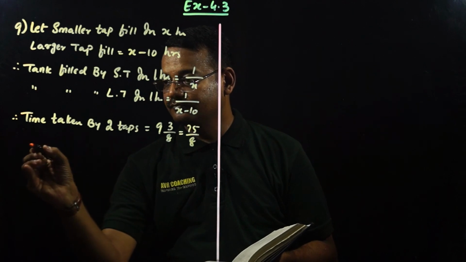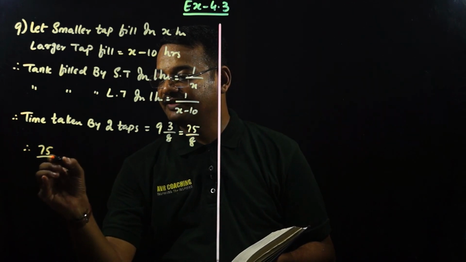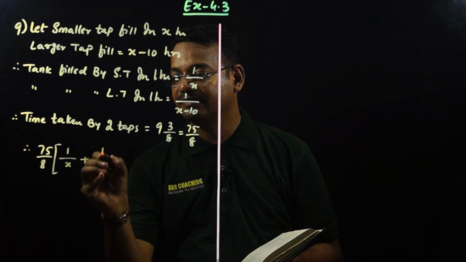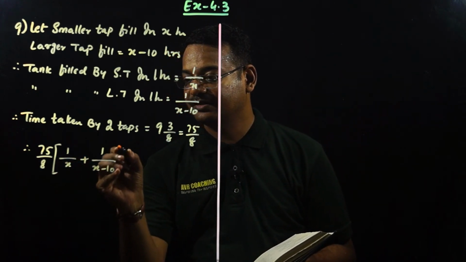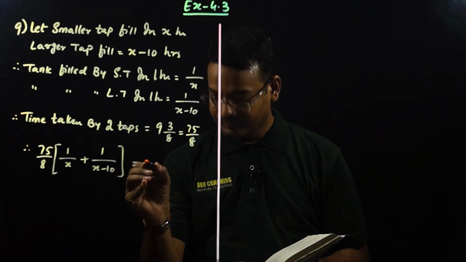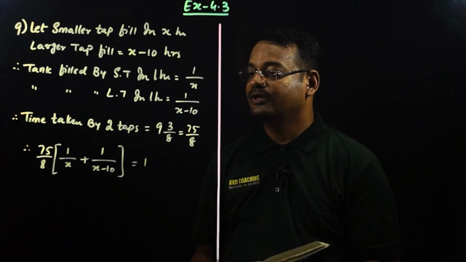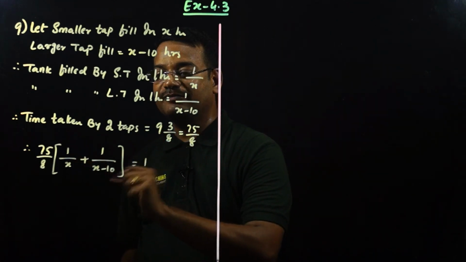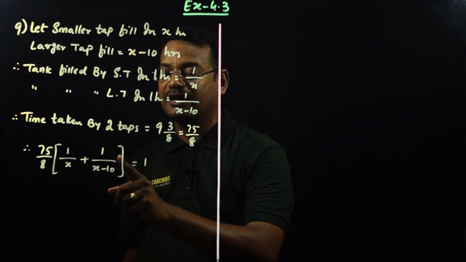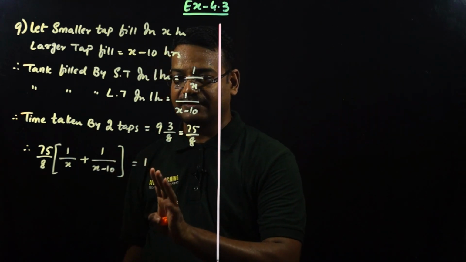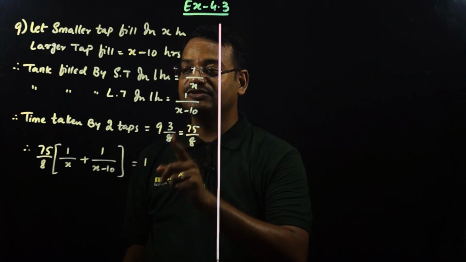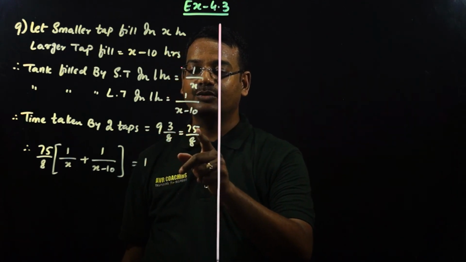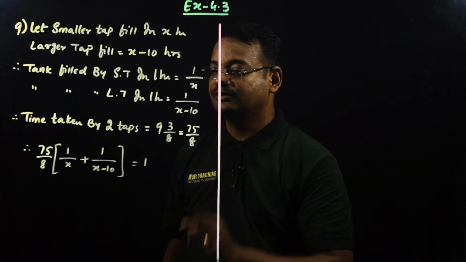Therefore this will be 75/8 multiplied by 1 by x plus 1 by x minus 10 is equal to 1. So in 1 hour, the smaller tap will fill 1 by x, the larger tap will fill 1 by x minus 10, and these two taps can fill the tank in 9 3/8 hours, which is equal to 75/8.